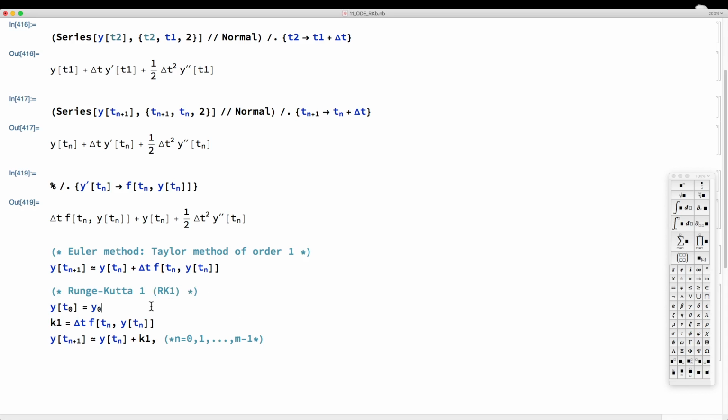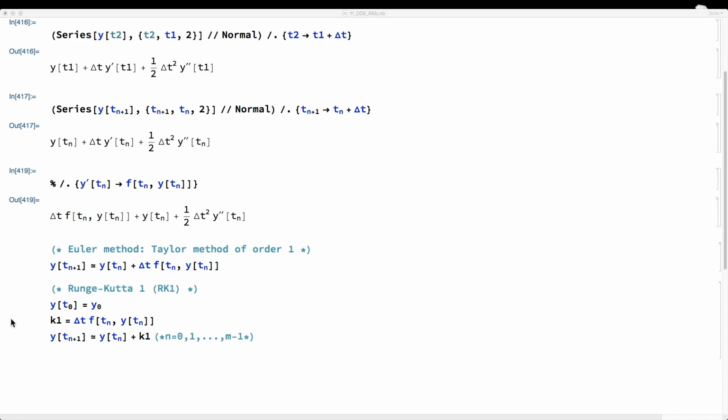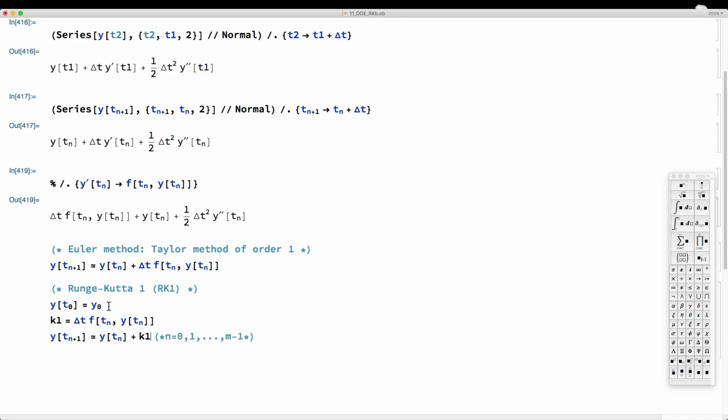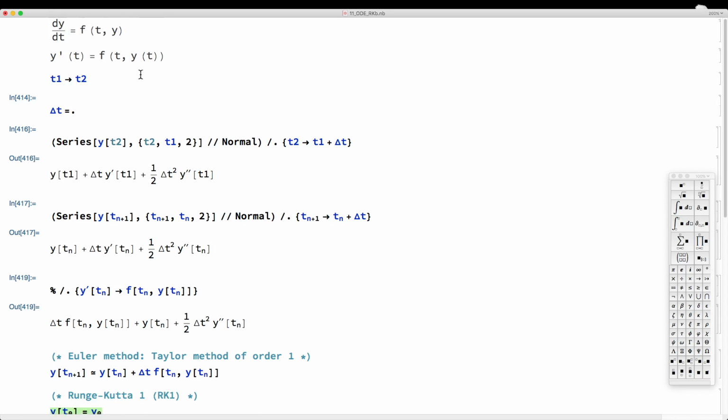The scheme that we can use to evolve this differential equation numerically consists of an initial condition, which we always need for an initial value problem like this one. This is a first order ordinary differential equation, which means we need one initial condition on y.